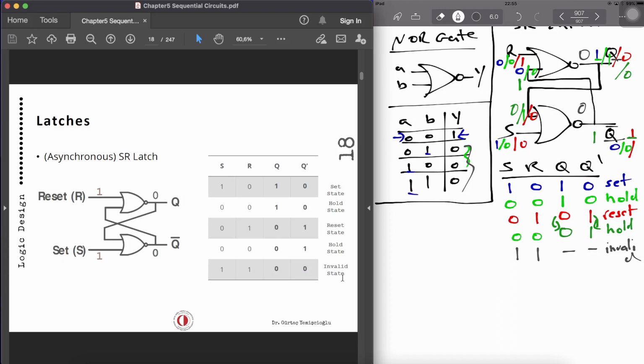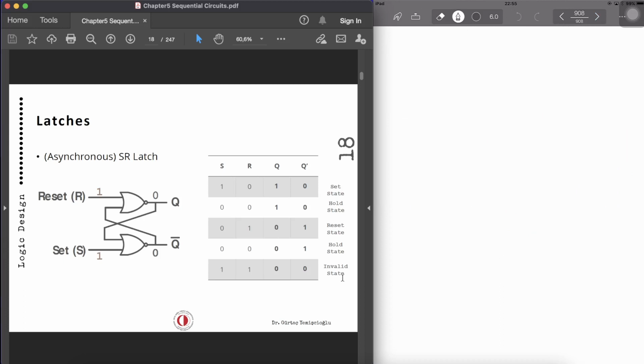So we can also extend this table, and we can rewrite it or derive it in a way that we can find an expression for it. So let's do that. We have got inputs S, R, Q present, and Q next. Q next is generally written as Q plus.